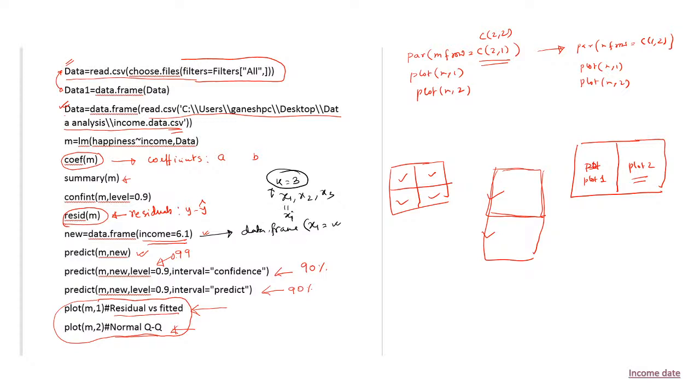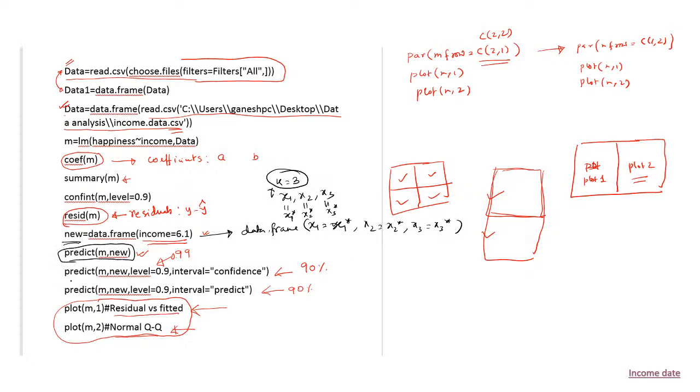I take x1 star, x2 star, and x3 star. You want to predict y for the values x1 star, x2 star, x3 star. Then you first form a data frame and store it in new, with x1 equal to x1 star, x2 equal to x2 star, x3 equal to x3 star, and use this command predict m comma new. You can get y hat.